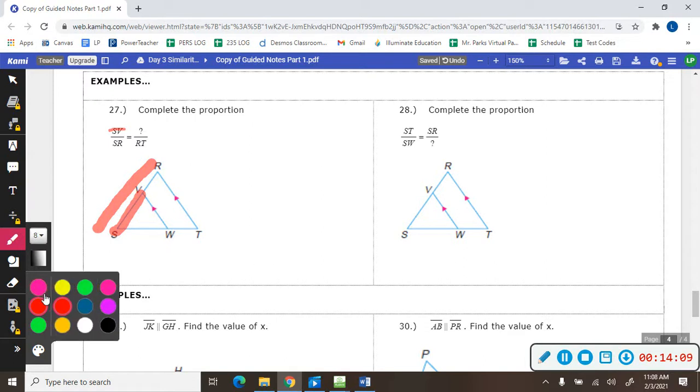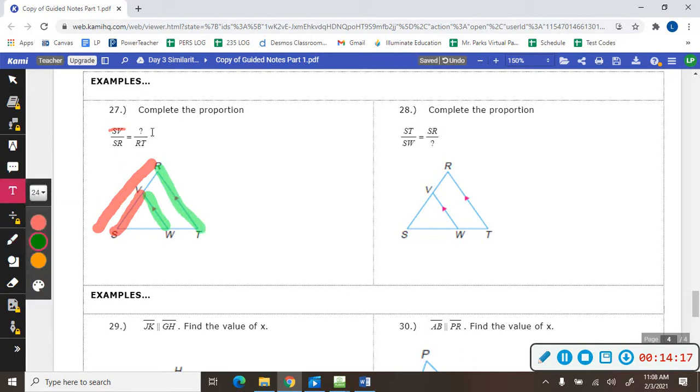Well, then that would equal VW over RT. So I would say that this is VW.